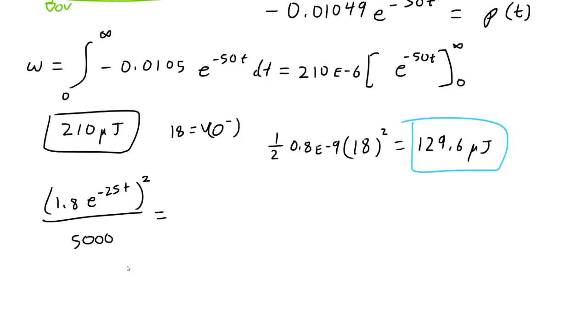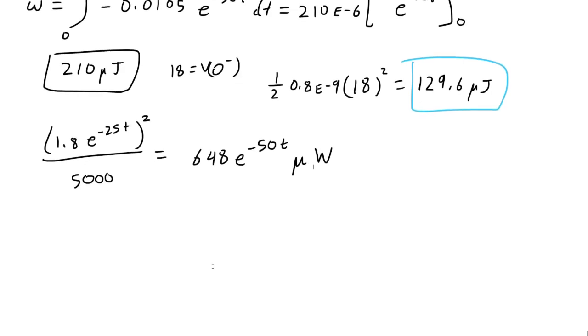So 1.8 squared, 3.24, divided by 5,000 times a million, just to make it a bigger number. 648 e to the minus 50t, and that will be microwatts.